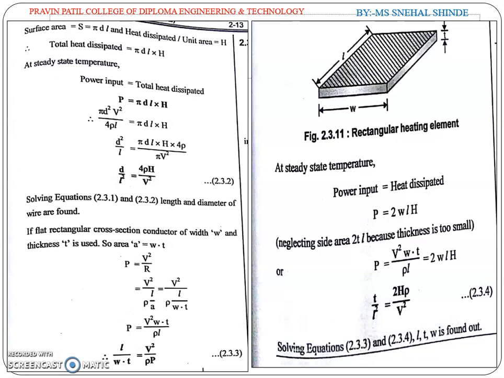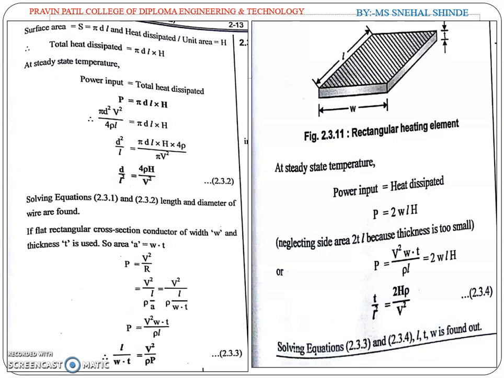So here now we have to put the A value as W into T for the rectangular cross section area. So we get a final formula as L divided by W into T equal to V square by rho P. At steady state temperature, power input equal to heat dissipated.